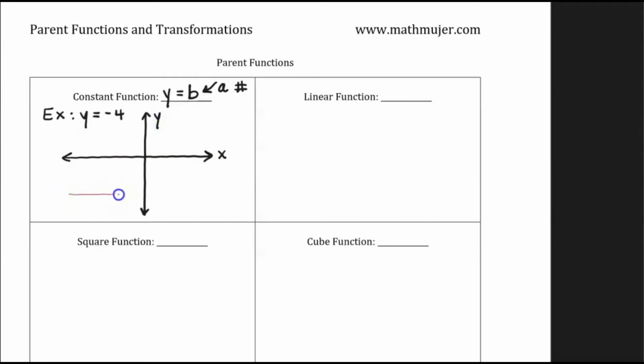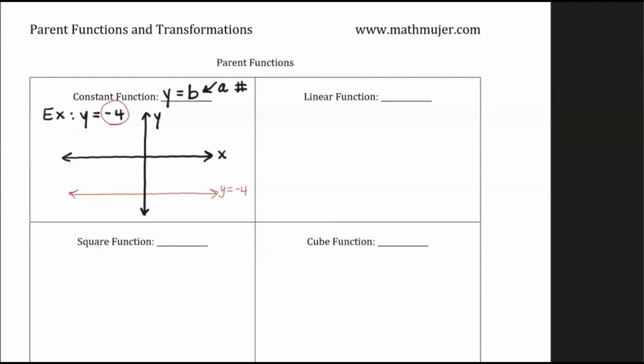So it would look like that. Note that if I would have chosen a different number here for the b value, then the horizontal line would have been in a different position on the y-axis, but the constant function always looks like a horizontal line.